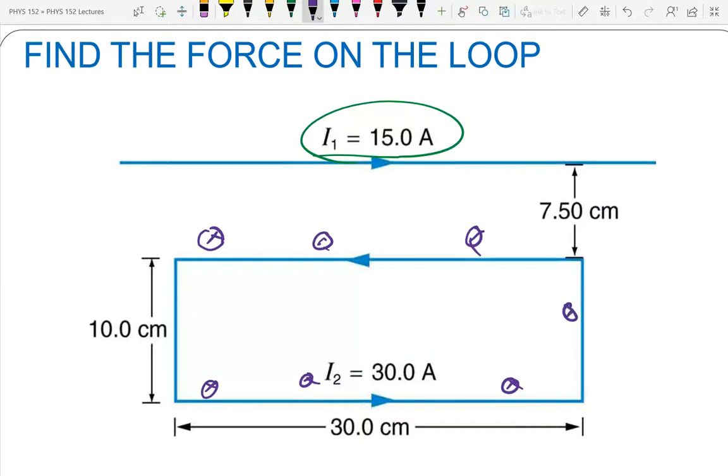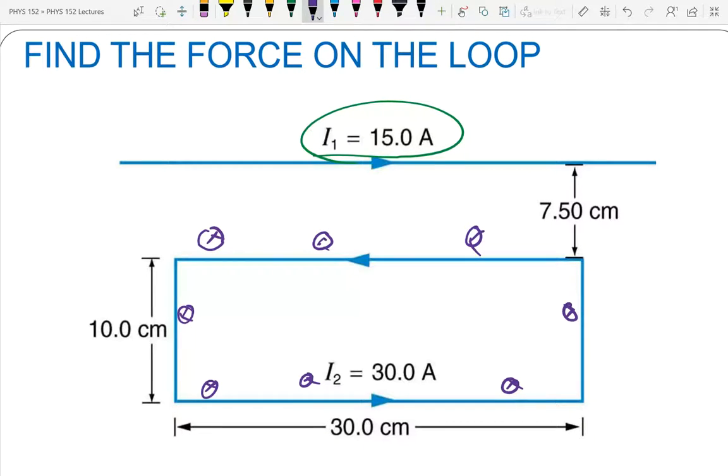I calculate what the magnetic field is and what the directions of the forces are on each side. Based on symmetry, the left and the right sides will have the same magnitude force, but opposite direction. Force is IL cross B. The L on the right side is down and the B is in.